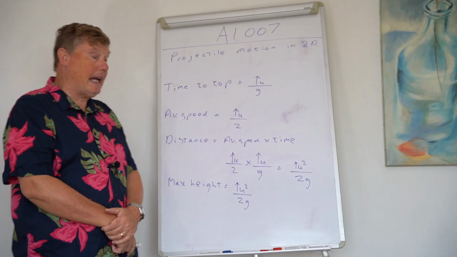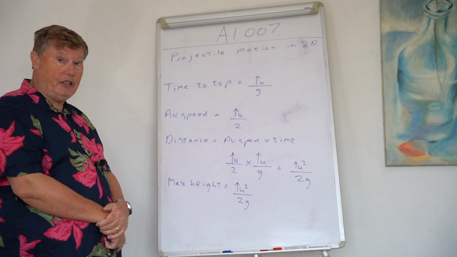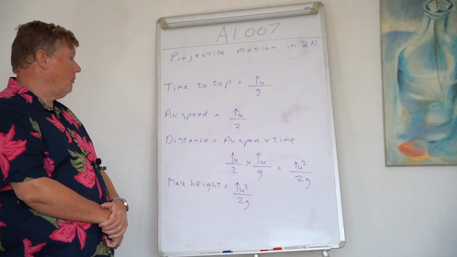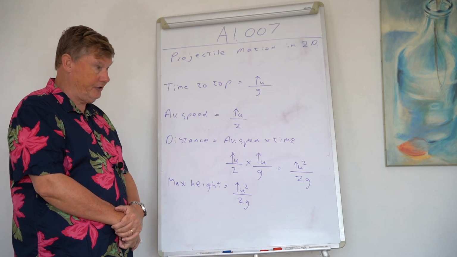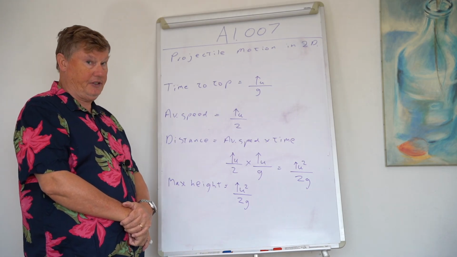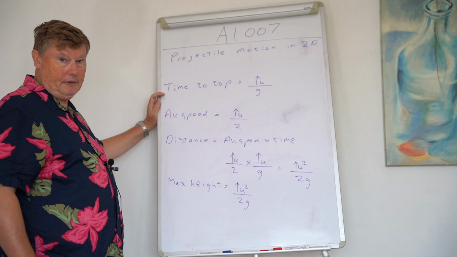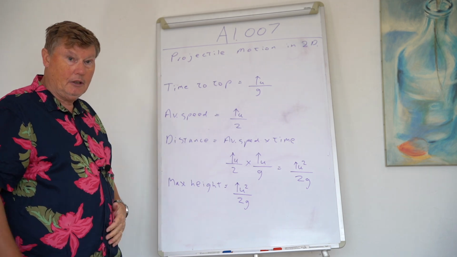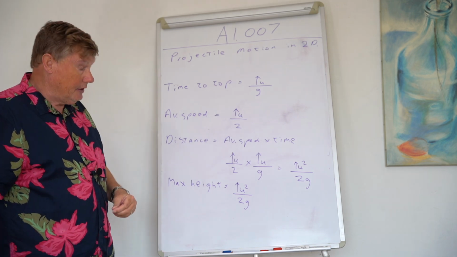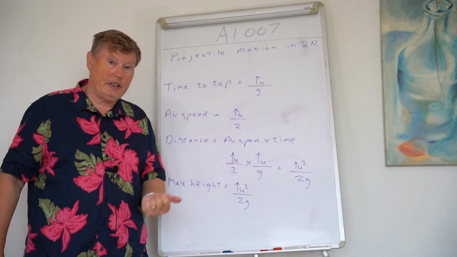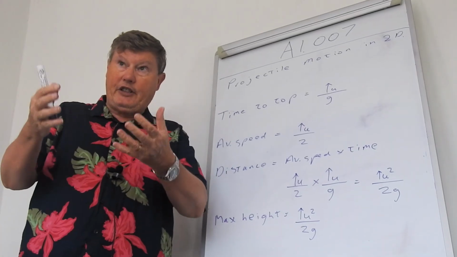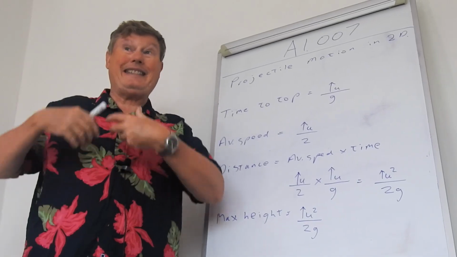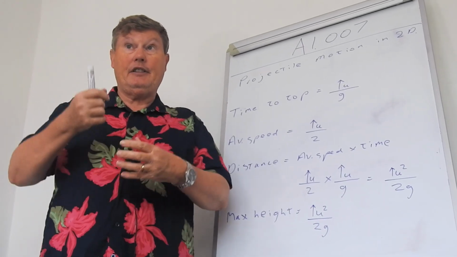Hello and welcome back to A1.007. Today we're really going to get our teeth into projectile motion in 2 dimensions. Let's start with the absolute basics. The time to top. That means the time to the top of the throw when you throw a projectile. Do you agree that if I were to throw something vertically up at 20 meters per second, gravity will be slowing it down by 10 meters per second every second.